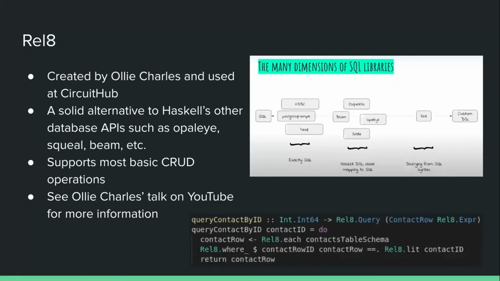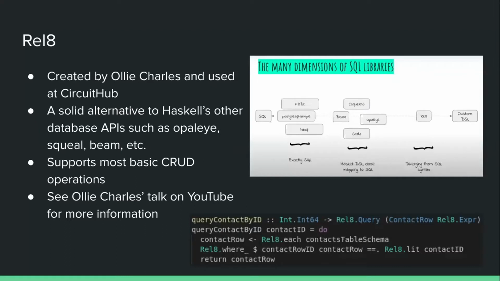I asked Ollie Charles for permission. This is from his talk on Relate, which I highly recommend you watch because he gives a really great overview of Relate and the internal workings of Relate and all the cool stuff you can do with it. I'm only going to be providing a trivial example of how to use Relate.